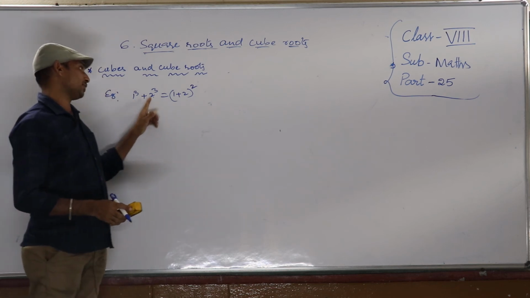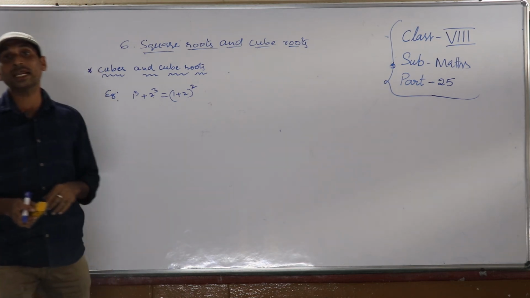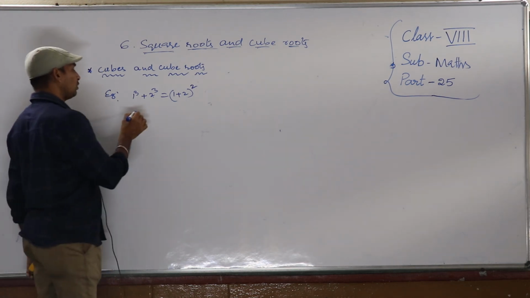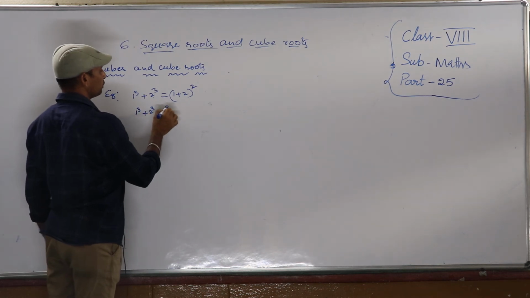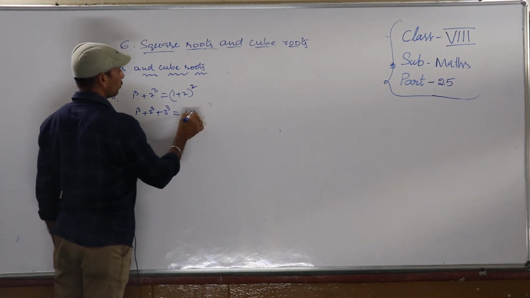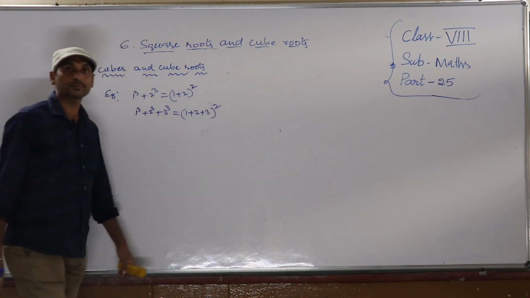Now 1 cube plus 2 cube plus 3 cube is equal to 1 plus 2 plus 3 whole square.